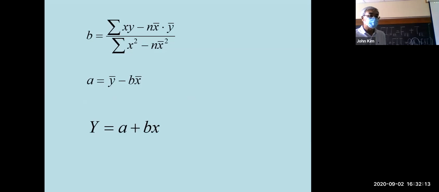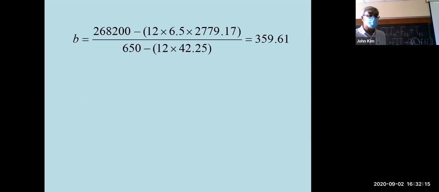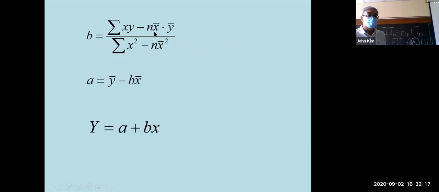So plug in. B equals the sum of xy minus sample size times x bar times y bar, divided by the sum of x squared minus n, the sample size, times the mean of the x variable squared.